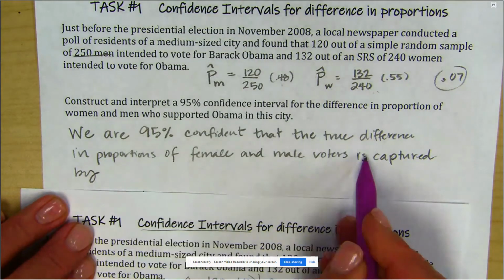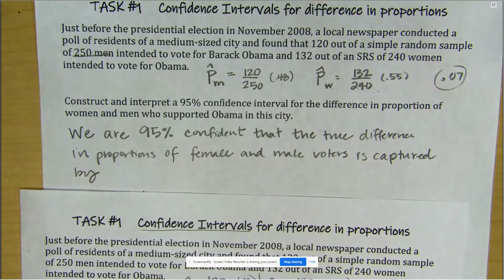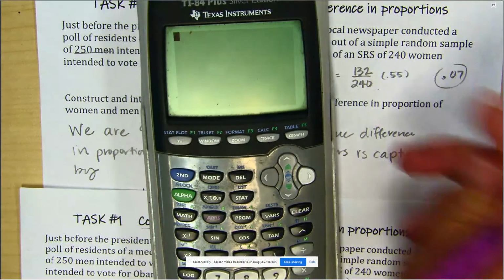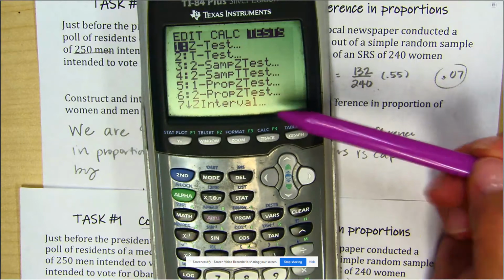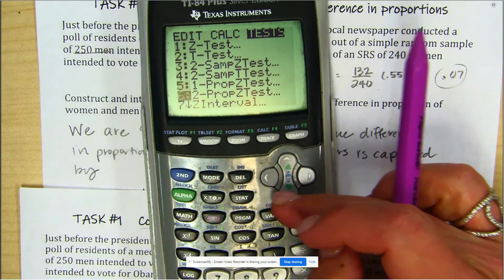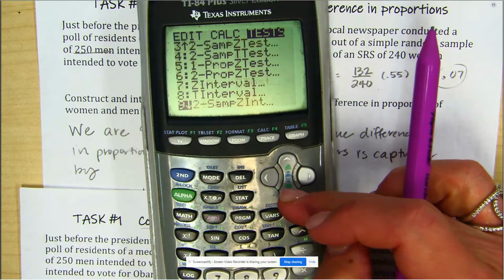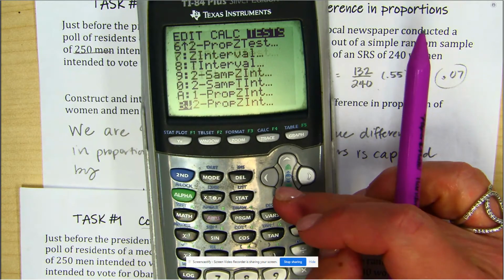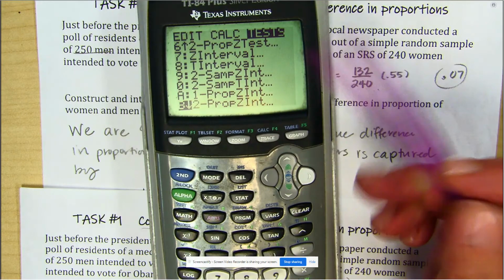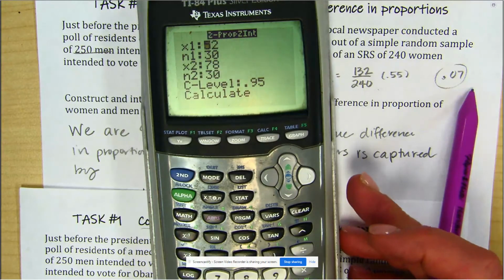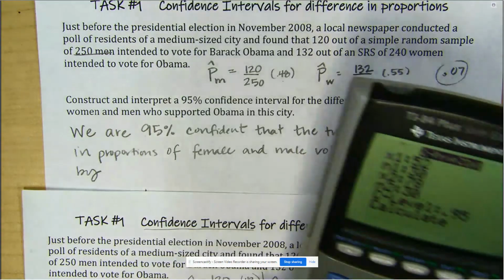Now let's go ahead and do this on our calculator. So let's go to STAT, TESTS, and we're going to go all the way down to B, 2-PropZInt. Okay, looks like I don't have it entered.